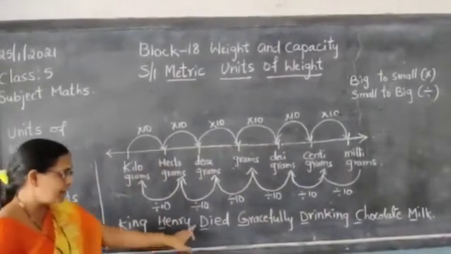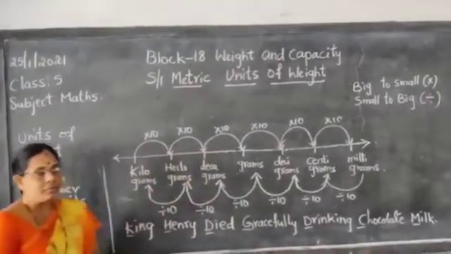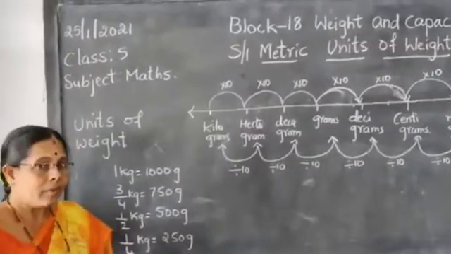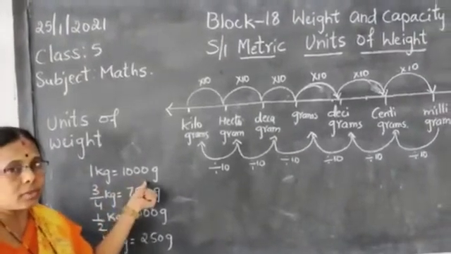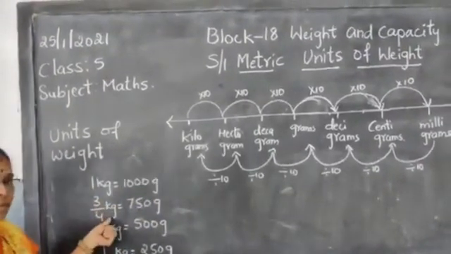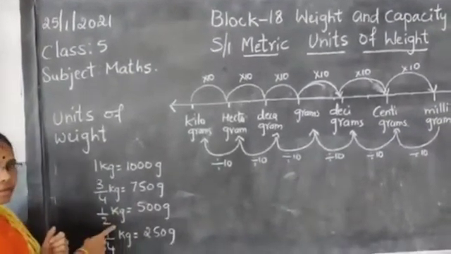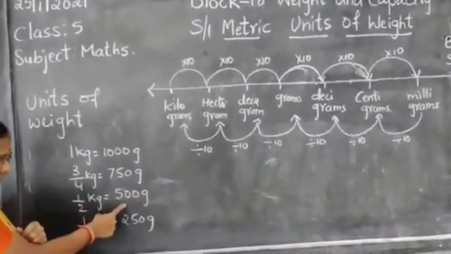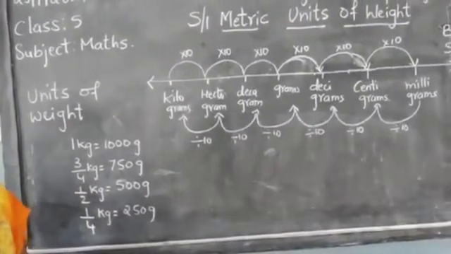King Henry died gracefully drinking chocolate milk. Children, here 1 kg is equal to 1000 grams. 3/4 kg is equal to how many grams? 750 grams. Half kg means 500 grams. 1/4 kg means 250 grams.